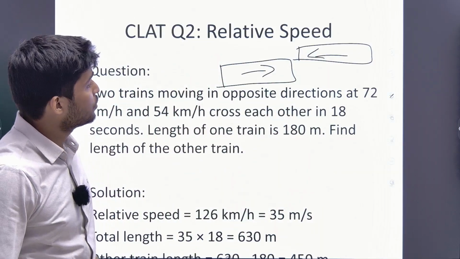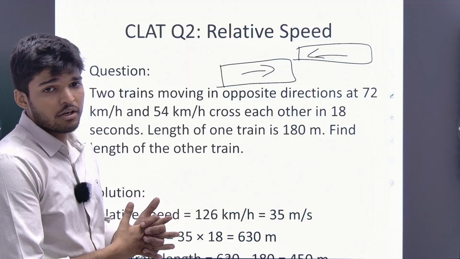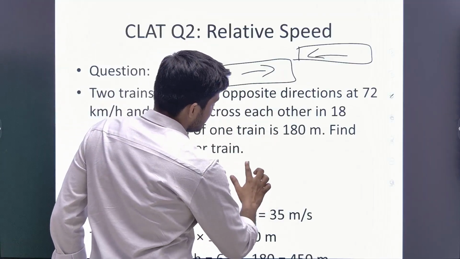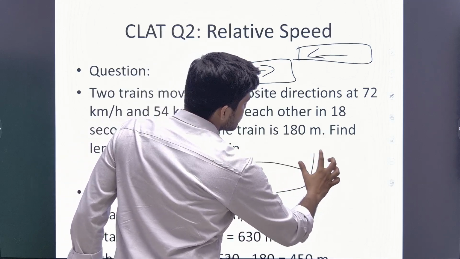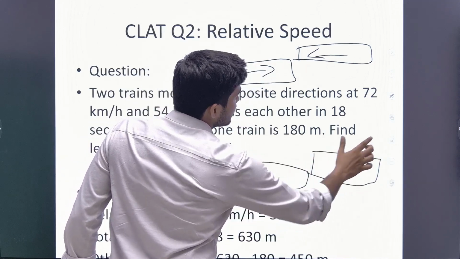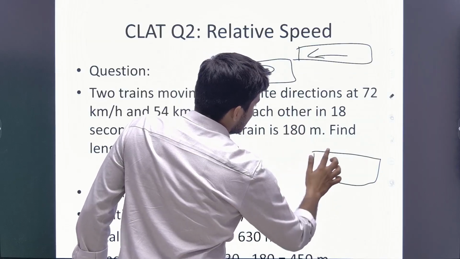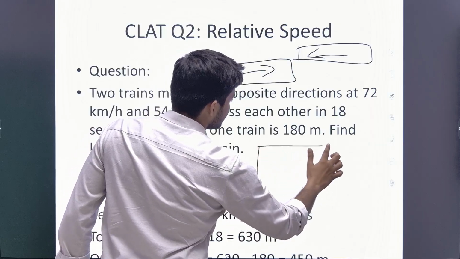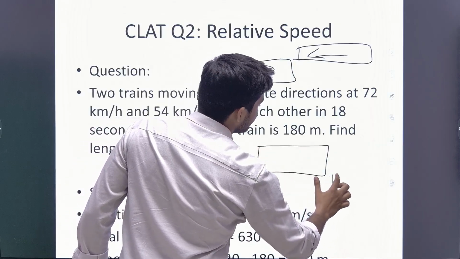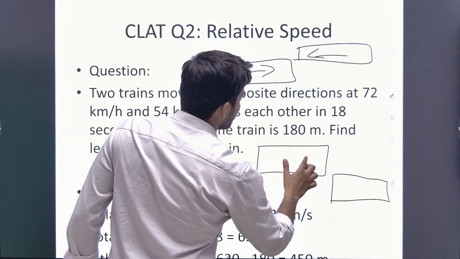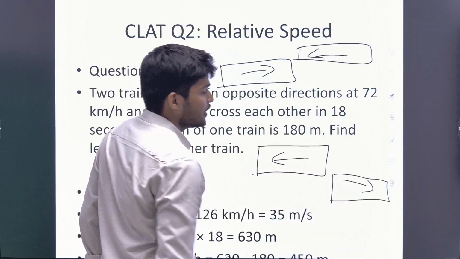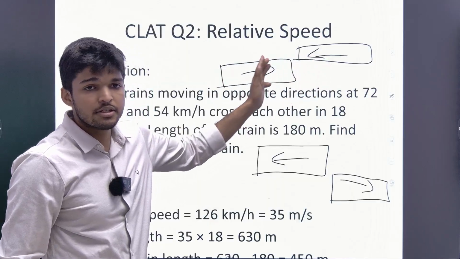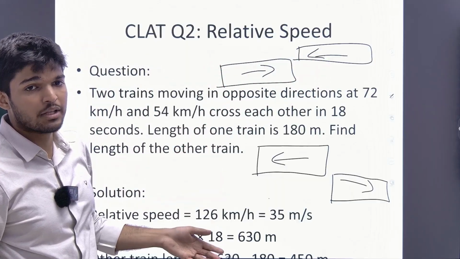The point at which they start crossing each other, and they finish crossing when they reach this point, that is, they both have to cover a distance equal to the length of both the trains.